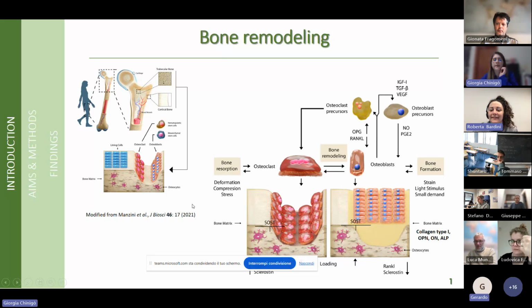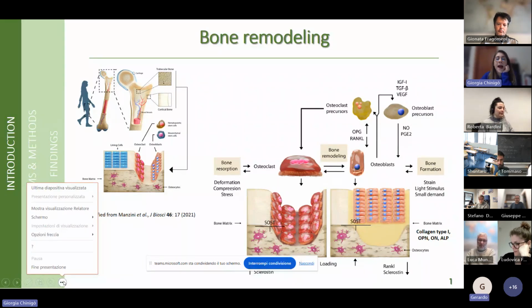Yes? Yes. Okay. We all know the complexity of bone tissue because bone is highly dynamic tissue that continuously undergoes constant changes.